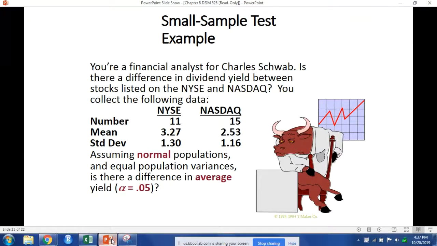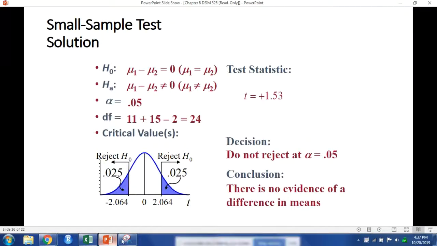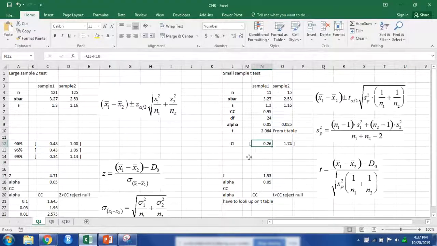Okay. We can also utilize the same data and do a hypothesis test to determine if there is a difference in average yield. So, assuming normal populations and equal population variance, is there a difference in average yield? We know that our critical value is 2.064. Now we just need to calculate our t statistic to determine if it is less than or greater than that.